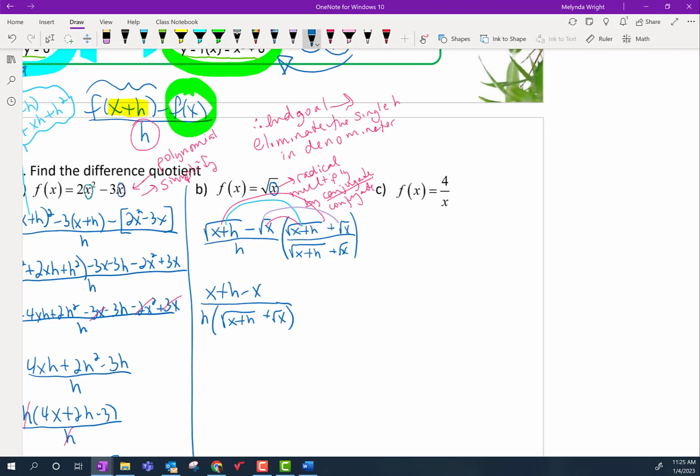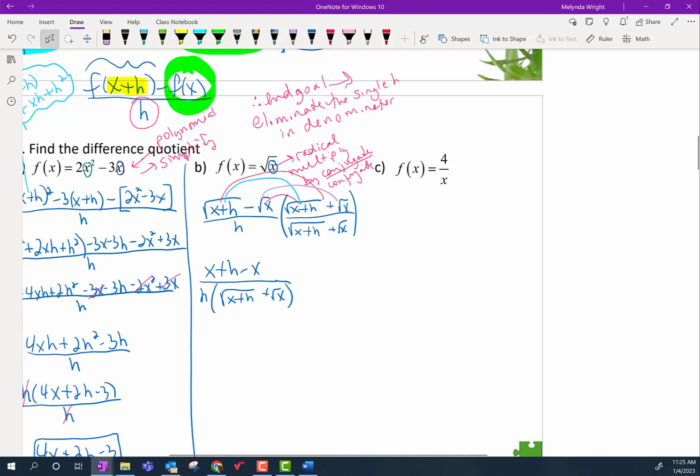Okay, great. Now remember our end goal is to get rid of the h in the denominator, so there must be a way we can do it. Let's combine like terms. Those x's go away, and I'm left with h over h times the square root of x plus h plus the square root of x.